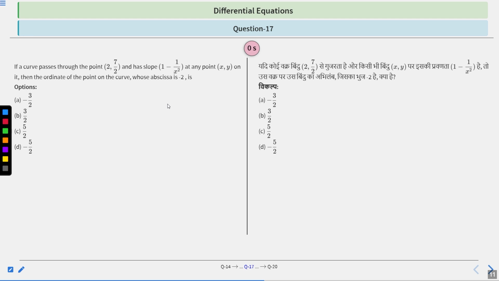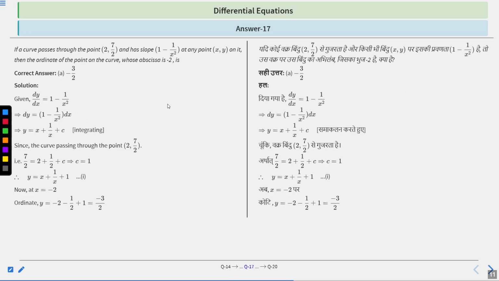Okay, let's move to the solution, part C. It is given that dy/dx = 1 - 1/x^2. Therefore, by separating the variables, x will be on the right-hand side and y on the left-hand side. Therefore, dy = (1 - 1/x^2) dx.